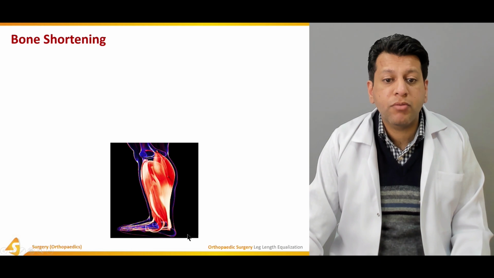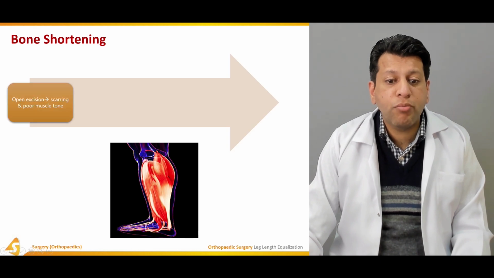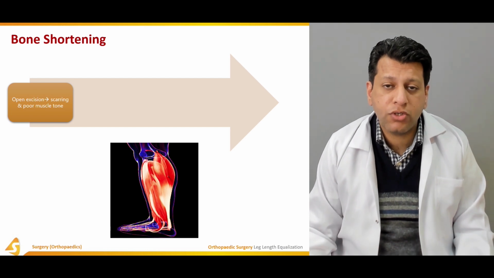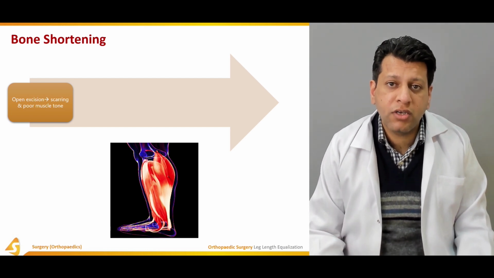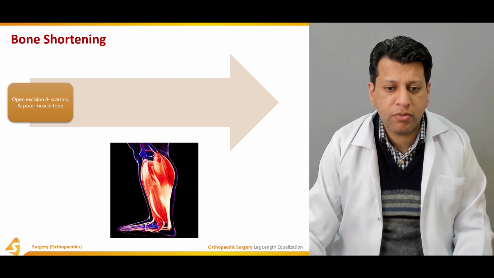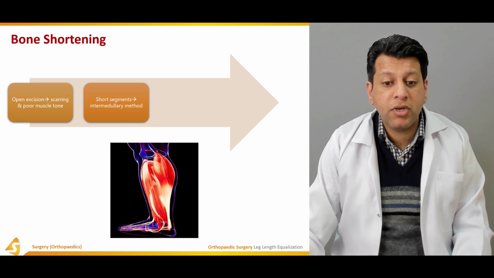Another consideration with bone shortening is poor muscle tone. Why? Because if too much bone is shortened, this would eventually result in imbalance between the muscles and improper muscle tone. Then short-segment intramedullary methods can also be used.